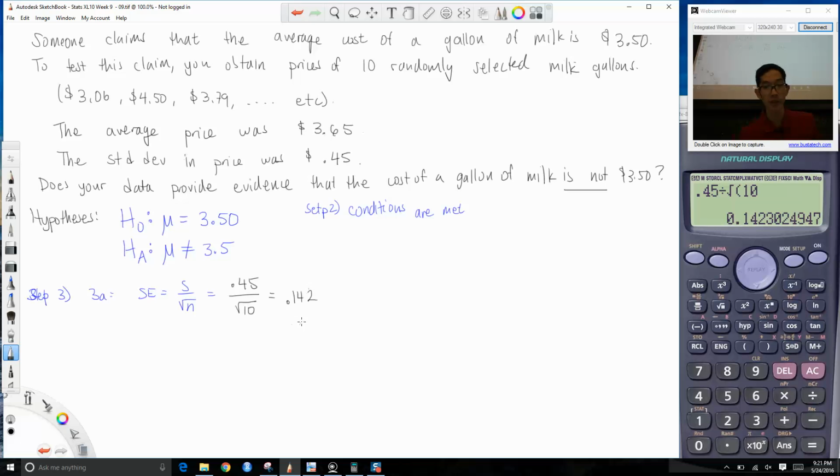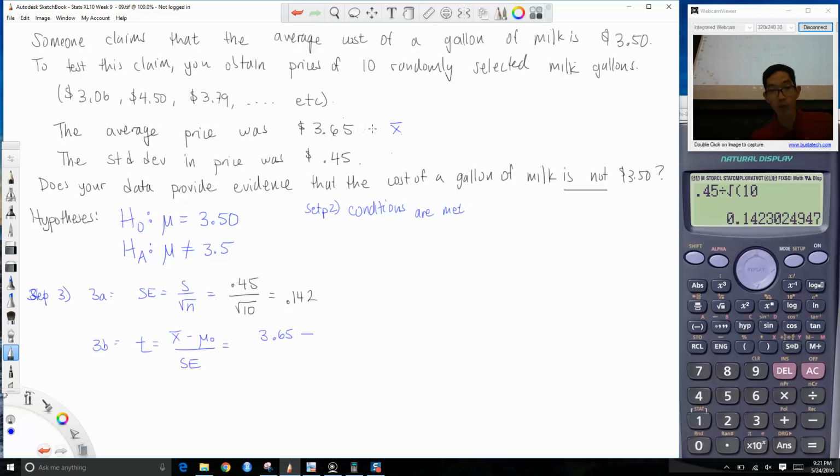Step 3b is getting our test statistic. T is going to be x bar minus mu 0 divided by our standard error. So what's my x bar? 3.65. Sometimes what's very helpful is just labeling these numbers.